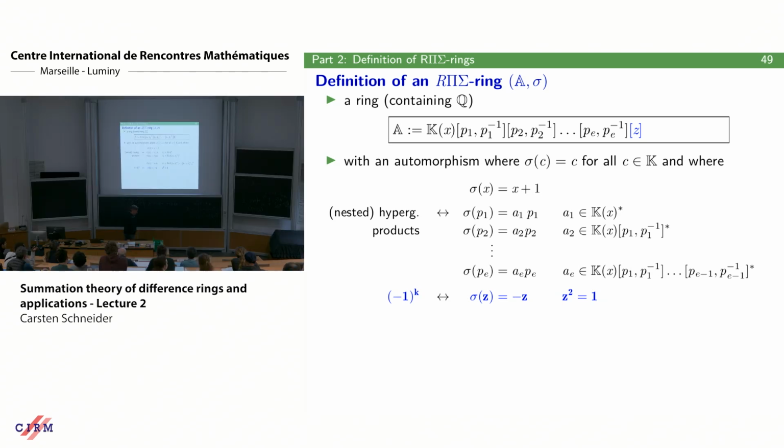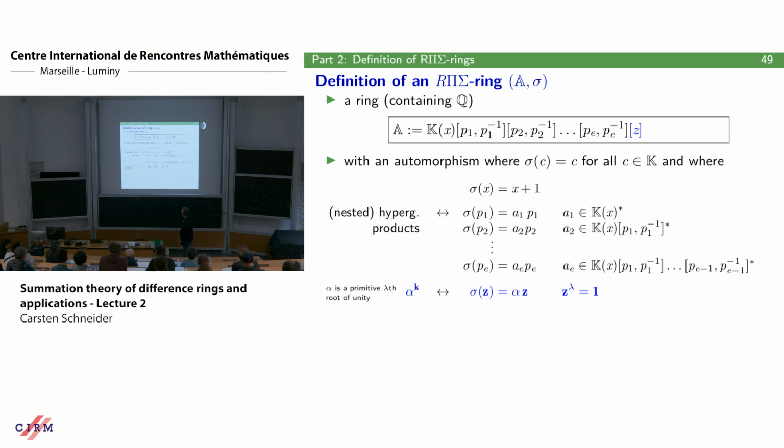You can have algebraic extensions in the set of constants, but this is a minimal polynomial which is irreducible, and you are in the field case. So you don't have zero divisors. Yeah, this you can also do. You can take a lambda-th root of unity. This is now a slight generalization. Alpha is a lambda-th root of unity.